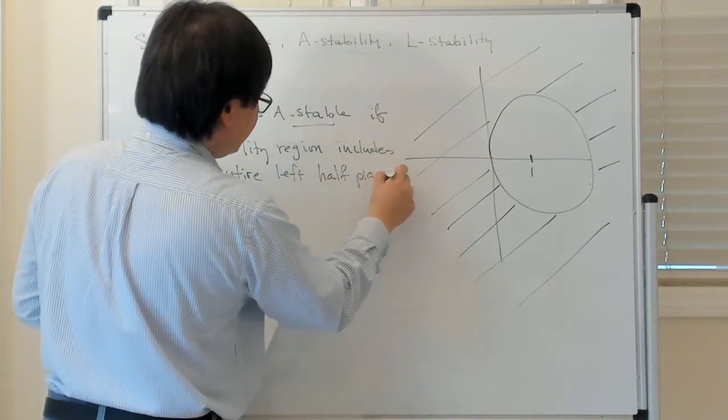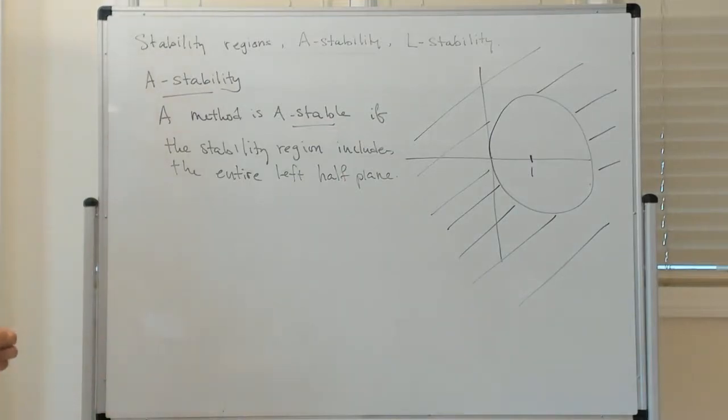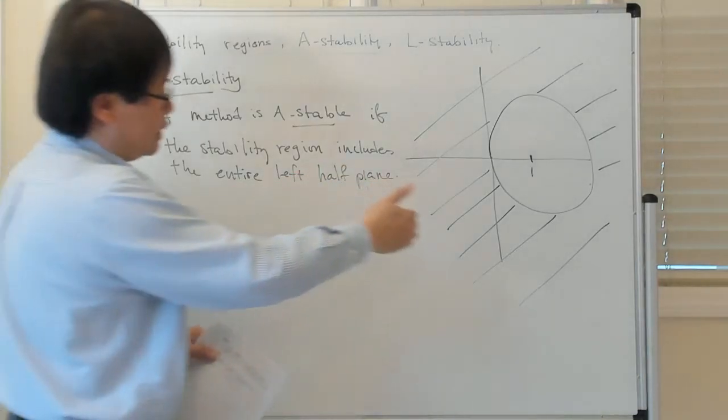What does it mean for the stability region to include the entire left half plane? That means that the numerical method has the origin as a stable point if you let h times lambda be in this left half plane.